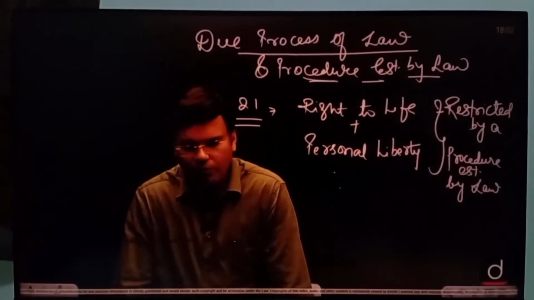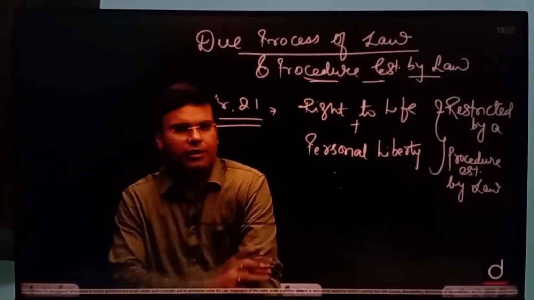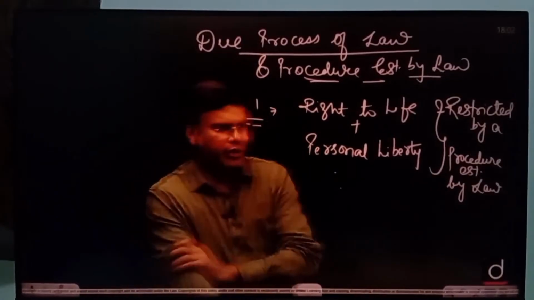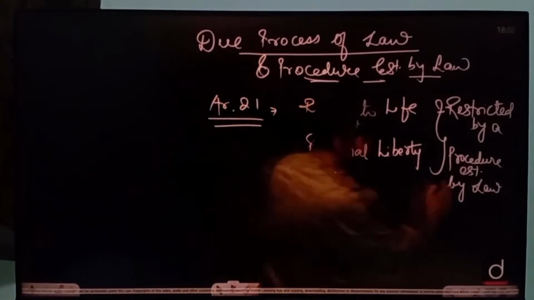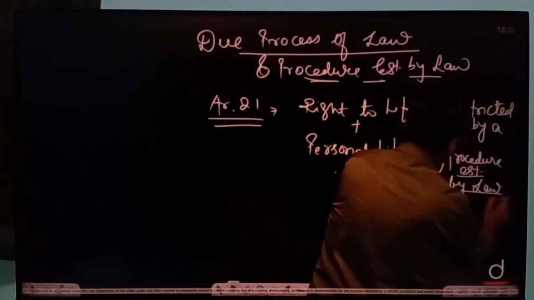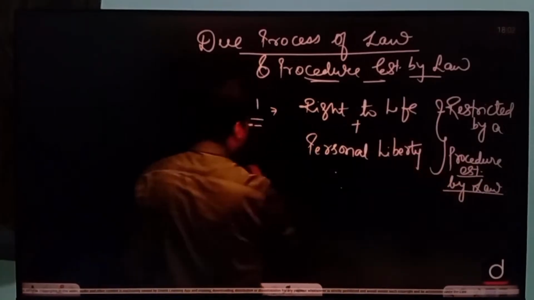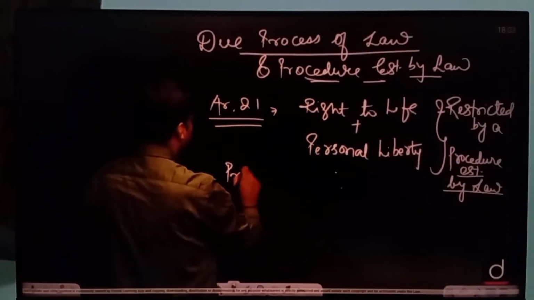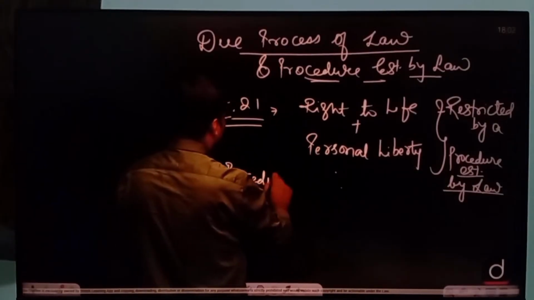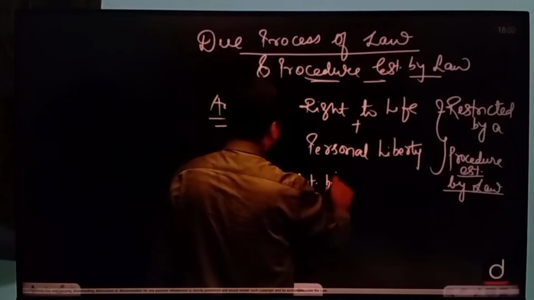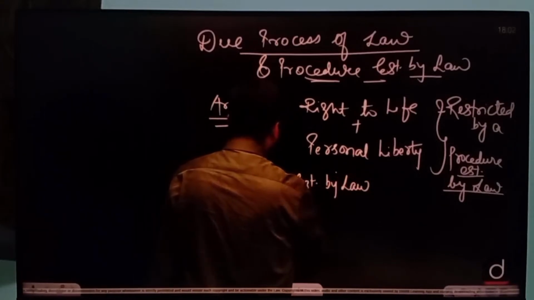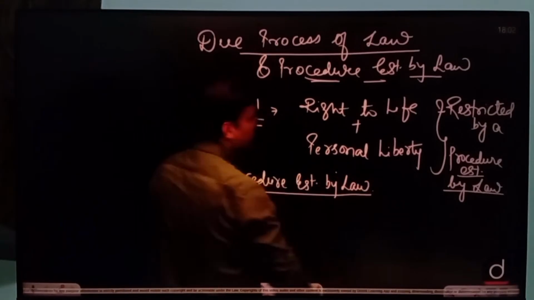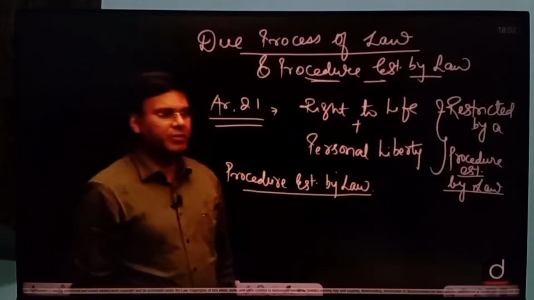And we have to try to see this concept, because when we use the concept of procedure established by law, it is a principle which is based on the concept of parliamentary supremacy.